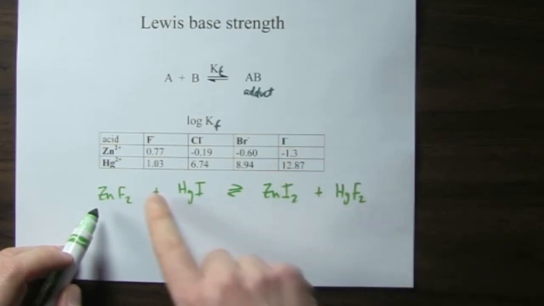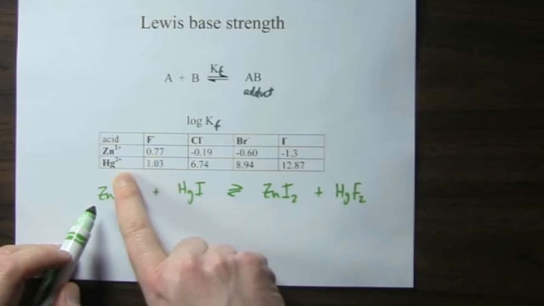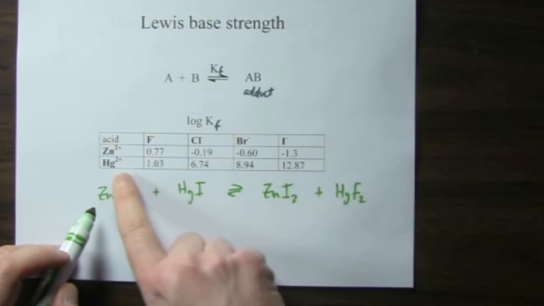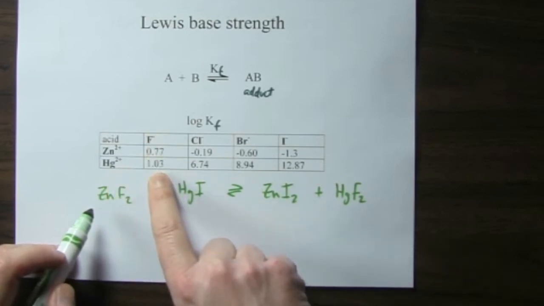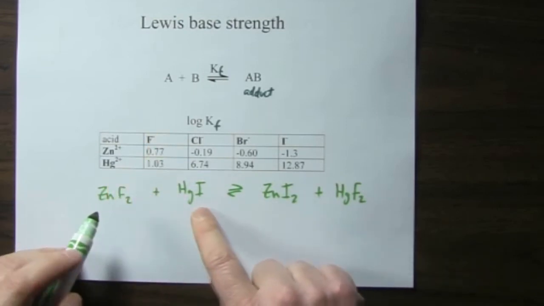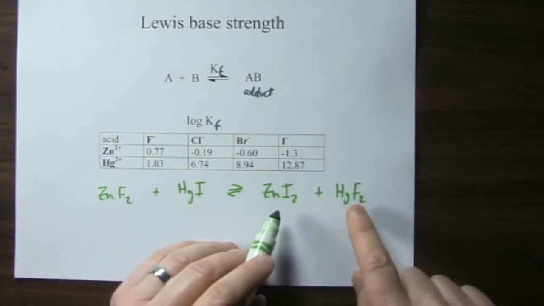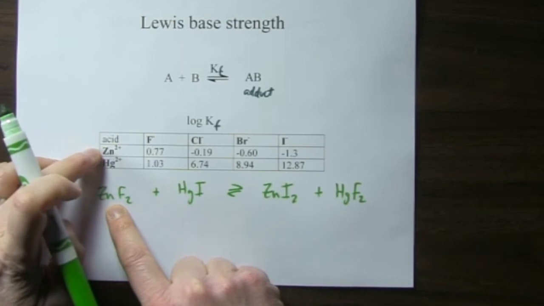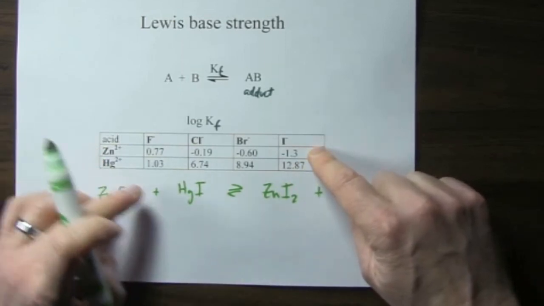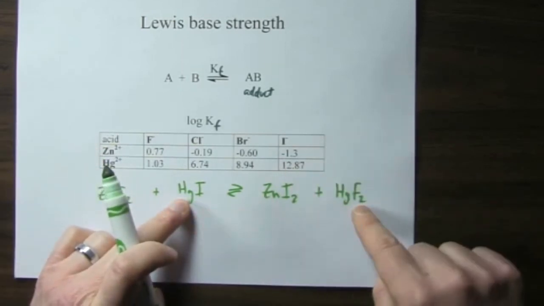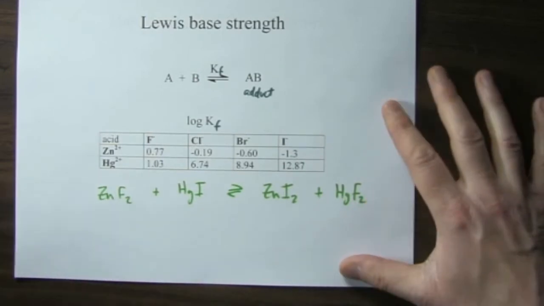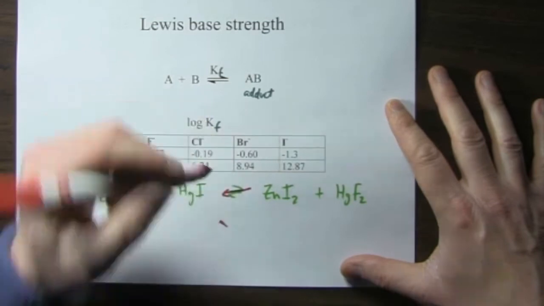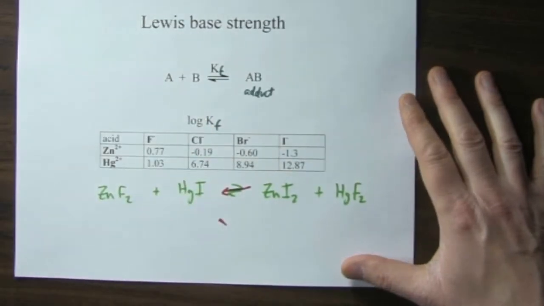It's not favored. Forming mercury iodide is very favored. Forming mercury fluoride is not favored. So comparing these two possibilities, we see that zinc fluoride is more favored than zinc iodide. Mercury iodide is more favored than mercury fluoride, so we would predict, based on this set of data, that if we mix these adducts, we would not actually get a reaction.